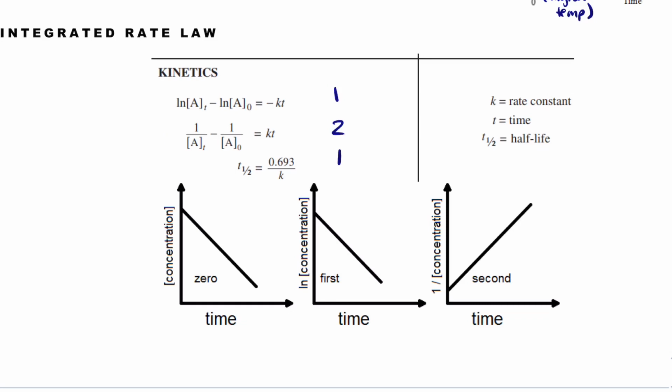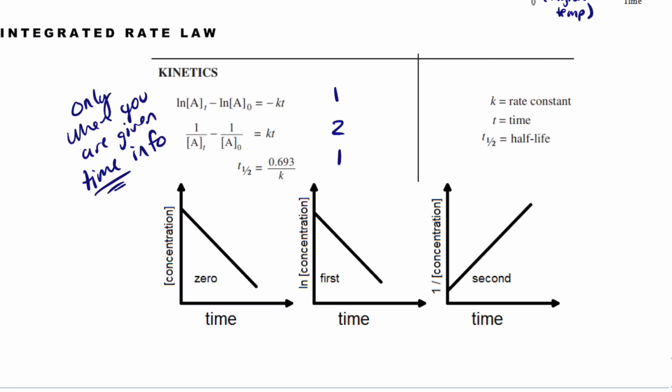But here's what's important: when do you use these formulas? Only when you are given time information. Okay, that's the only time you're going to use your integrated rate law. So please, please, please do not overuse them.